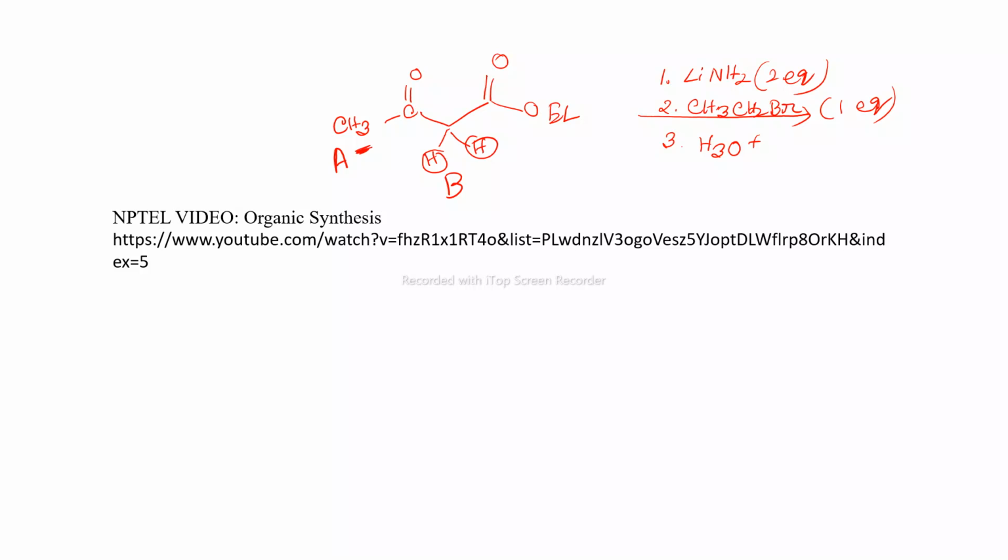A hydrogen is more acidic or B hydrogen is more acidic? Or which hydrogen will extract fast? Let's say if A hydrogen is extract, then it will form CH2 minus double bond O, and if B hydrogen will extract, then what will form?